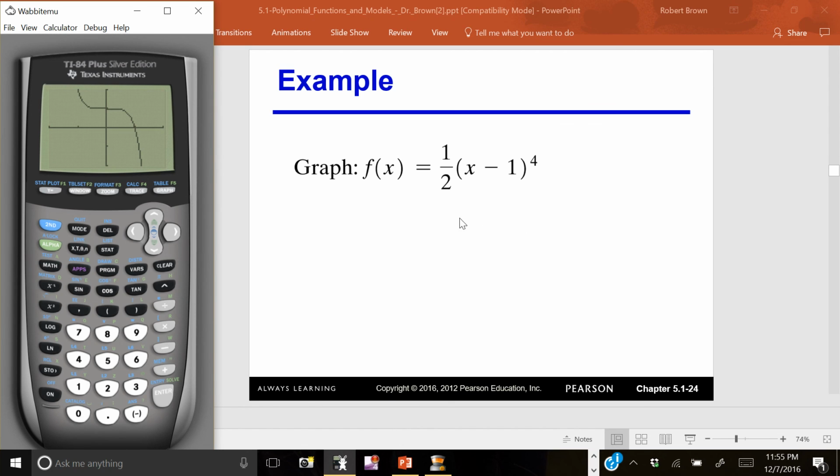Now let's graph 1/2 times x minus 1 to the fourth power. Let's hit clear and use parentheses for our 1/2: 1 divided by 2, close parentheses, x minus 1 to the fourth power.